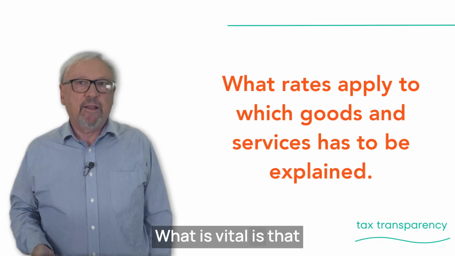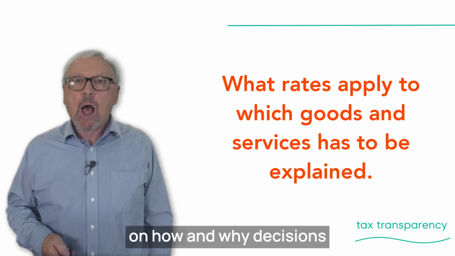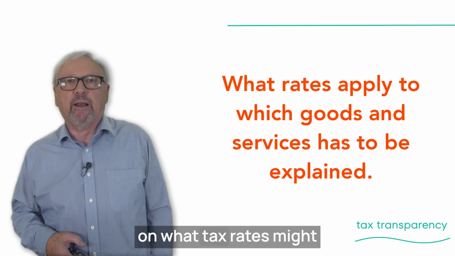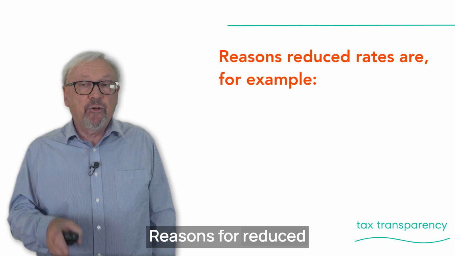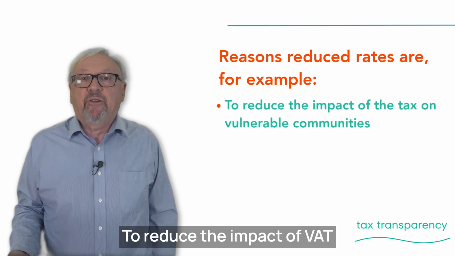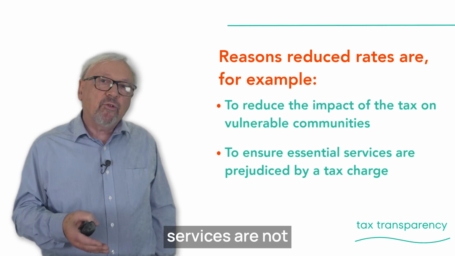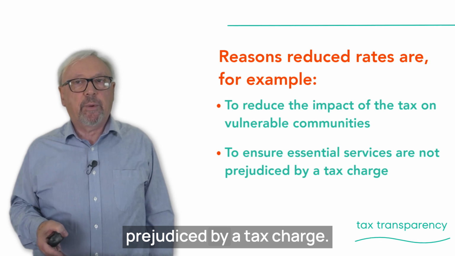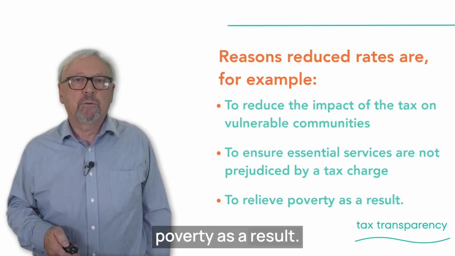What is vital is that a state engages the public in a transparent decision-making process on how and why decisions on what tax rates might be used are made. Reasons for reduced rates are, for example, to reduce the impact of VAT on vulnerable communities, to ensure essential services are not prejudiced by a tax charge, and to relieve poverty as a result.